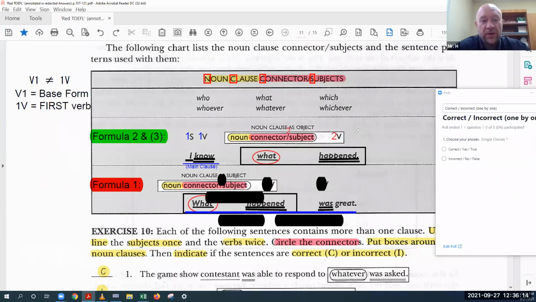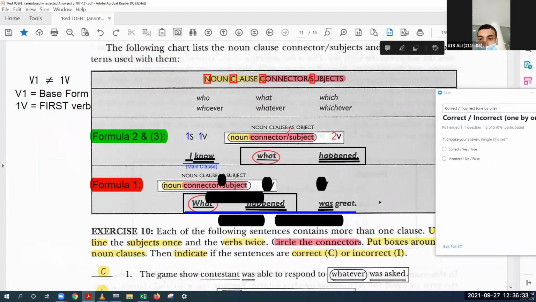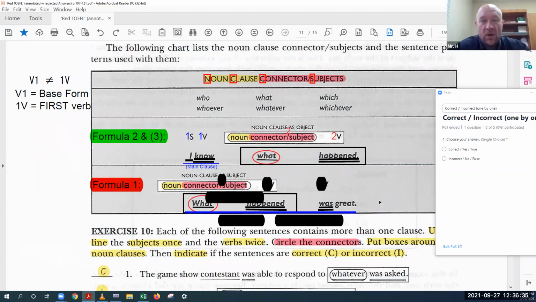Let's do Formula One. Osama, can you do it? No. Ali, you do it. Yes. Do Formula One. Read the example. What happened was great. Okay.